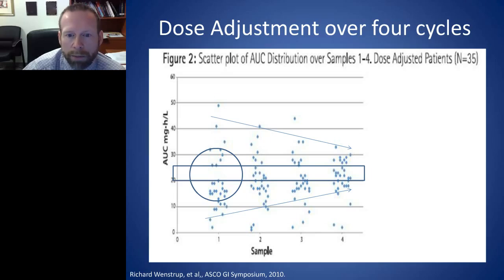Contrast that with the fourth cycle as you pull the data and use this pharmacokinetic data to modify the dose, and you'll see by the fourth cycle many more patients are within or in the fringes of the therapeutic target.